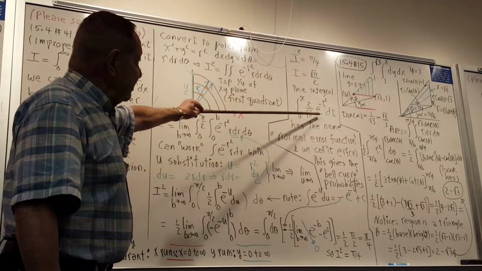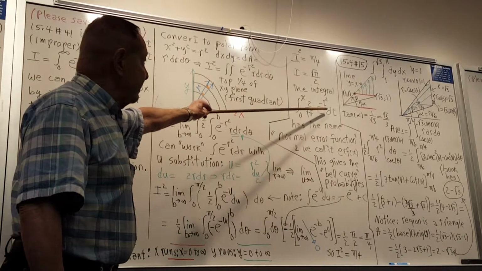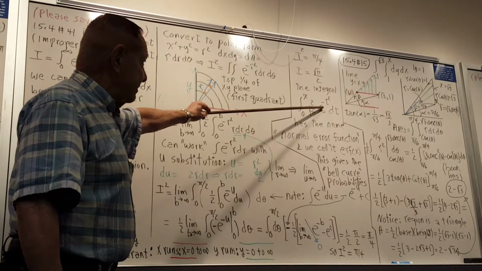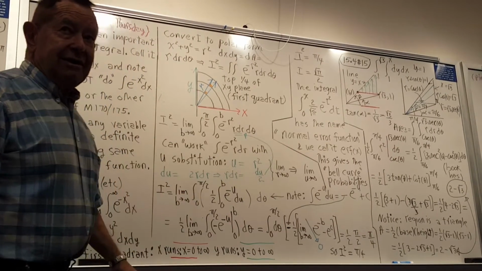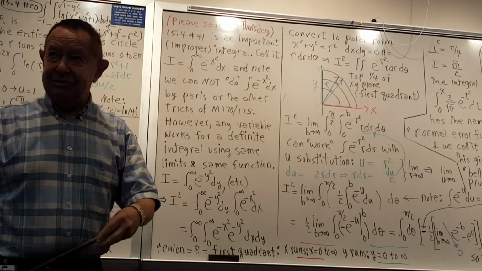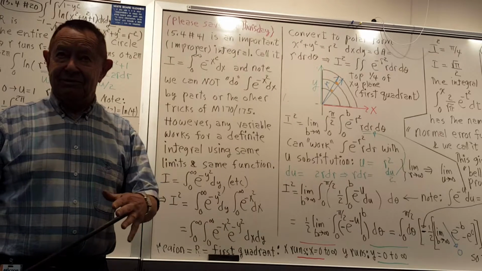Now, when you have e to the minus t squared, and you don't have any factor of t in there, and you notice you don't, you can't do the thing by parts or use substitution. You have to use something like Simpson's rule.